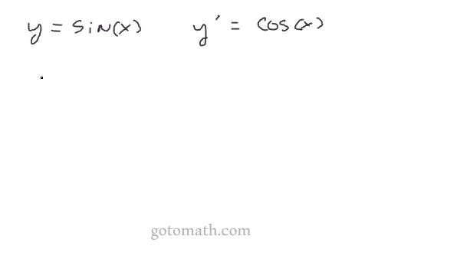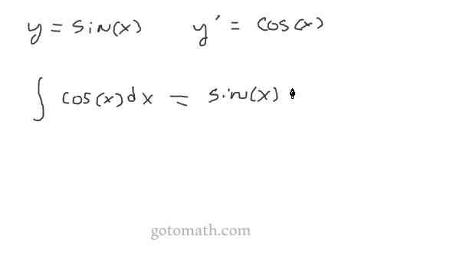So what happens if I have the integral of cosine x dx? What is this going to be equal to? Now remember, we talked about this earlier. Well, this is going to be equal to sine x, but this time we got that constant of integration here.